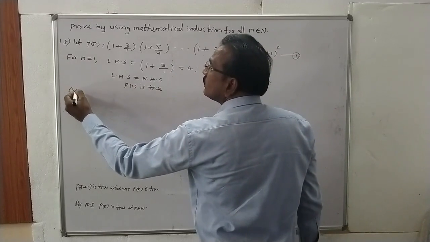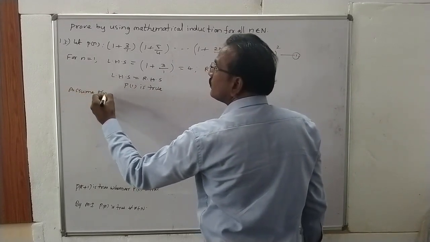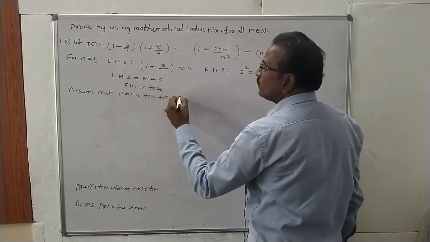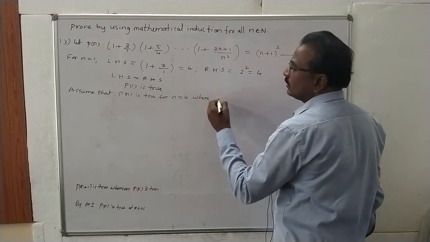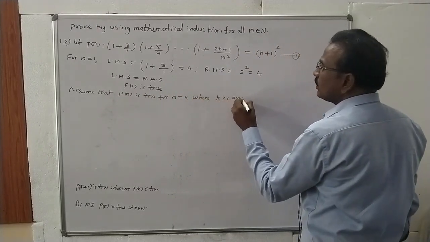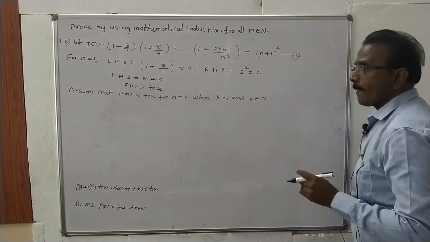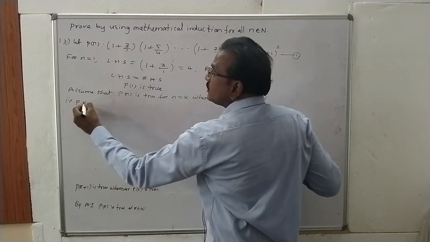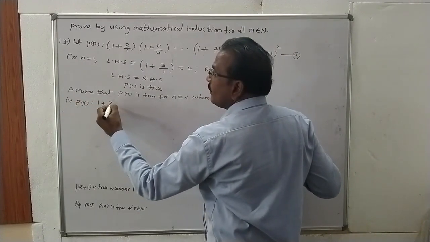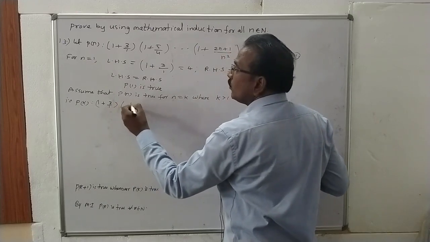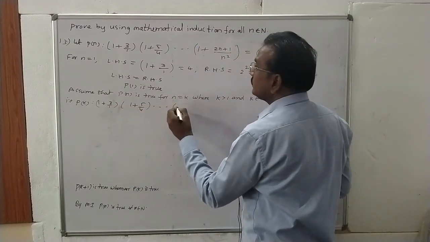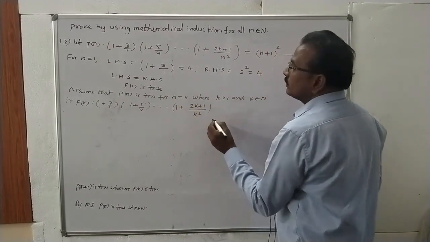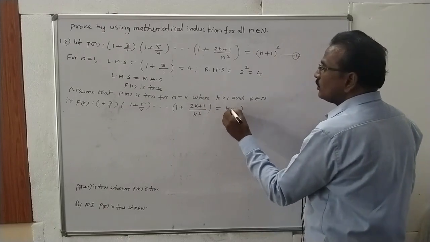Next, assume that P of n is true for n equal to k, where k is greater than 1 and k belongs to N. That is, P of k is 1 + 3/1 into 1 + 5/4 into ... into 1 + (2k+1)/k² is equal to (k+1)².